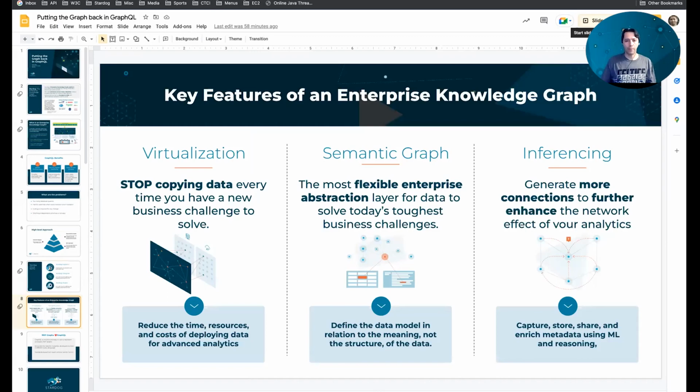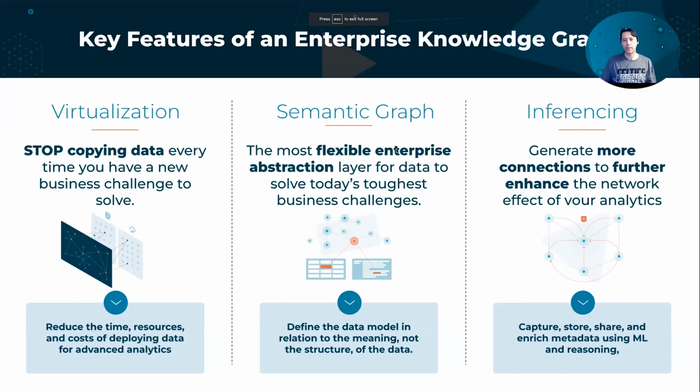Okay, so just to emphasize, what are we achieving with the knowledge graph platform here? We have the virtualization capability, so we are not copying the data, but still being able to query it without writing these resolvers manually. We are using the semantic graph and declarative mappings to map our graph model to the external data sources.